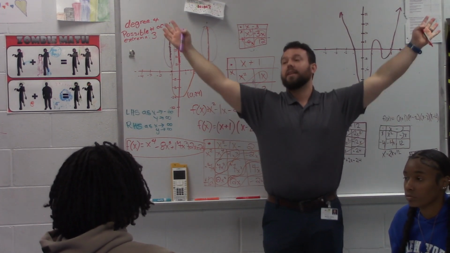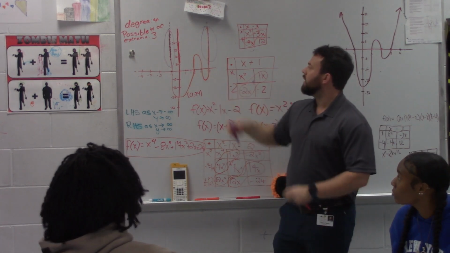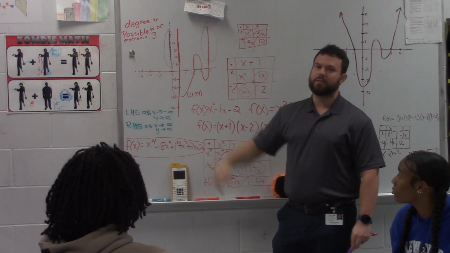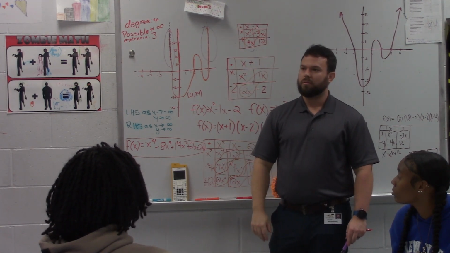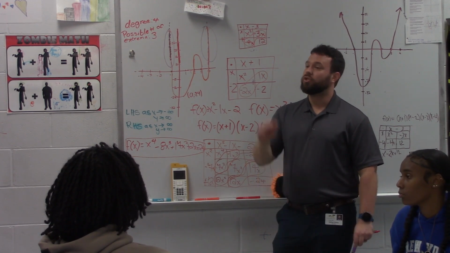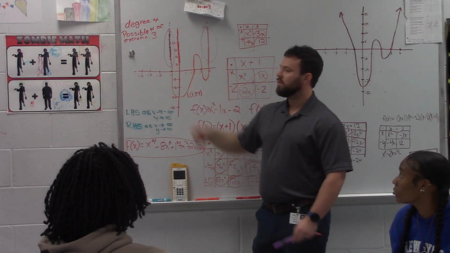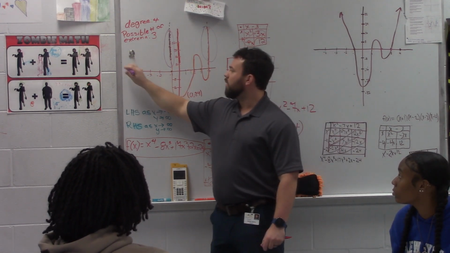It's not just that they're not here, it's not a function, right? Notice I was able to draw a vertical line, and that one vertical line hits how many points? It should only hit one, but how many is it hitting? Infinitely many. Remember, what is a function?